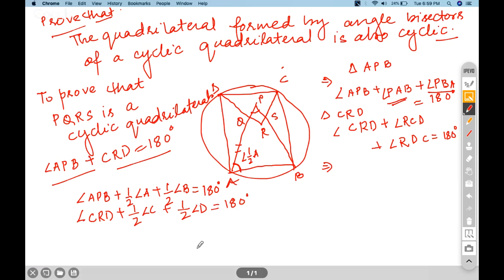Now what to do in this case? I'll add both of them. This is equation 1 and this is equation 2.